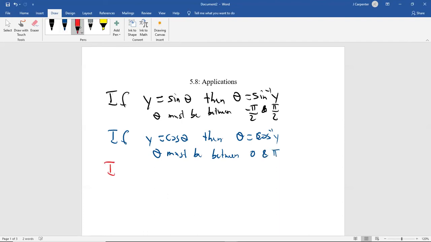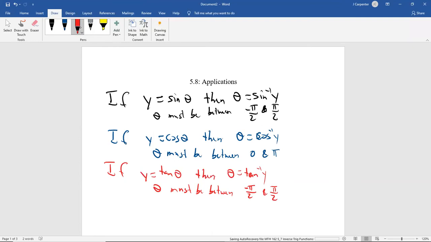And then we had if y equals tangent of theta, then theta is the inverse tangent of y, where your angle is, like sine, between negative pi over 2 and pi over 2.